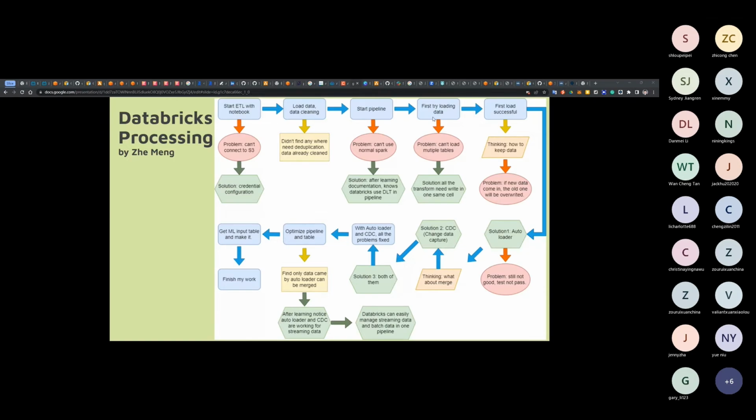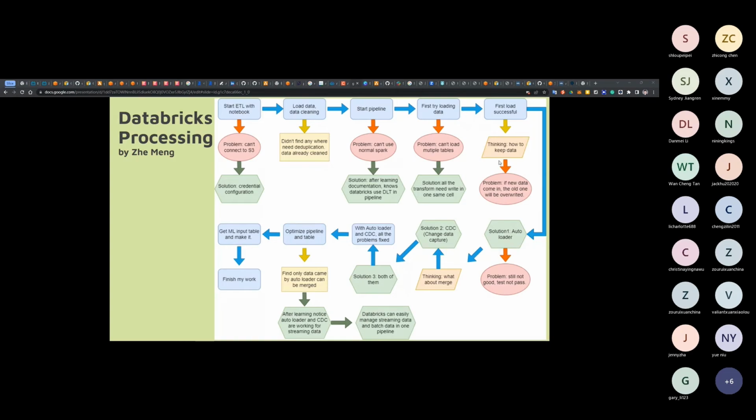The first big problem I met is that I can't load multiple tables. After a large amount of research and tests, at last I knew the DLT needs all the code written in one cell of the notebook. After loading data and the simple join, I was thinking about what if new data came in, how to replace, override, or append.